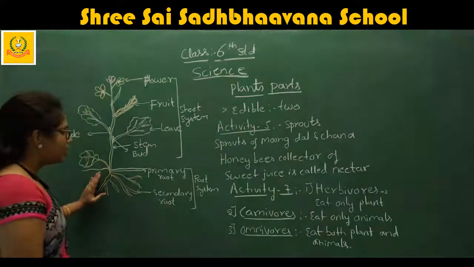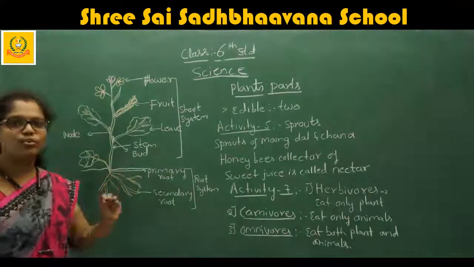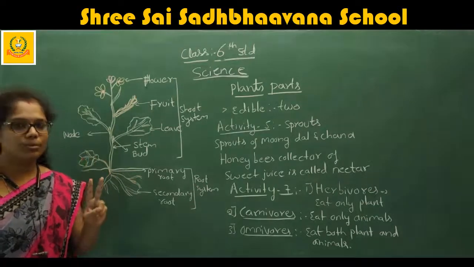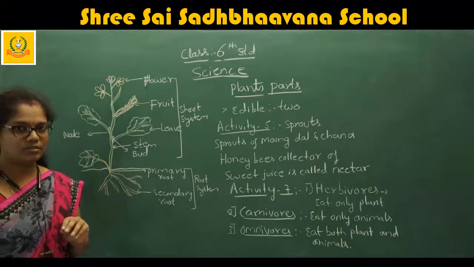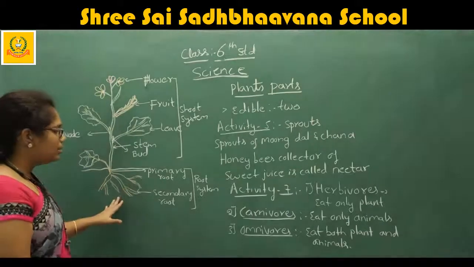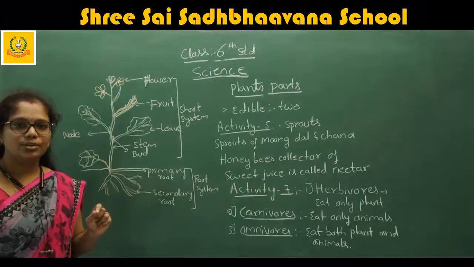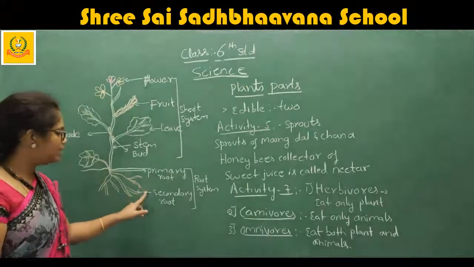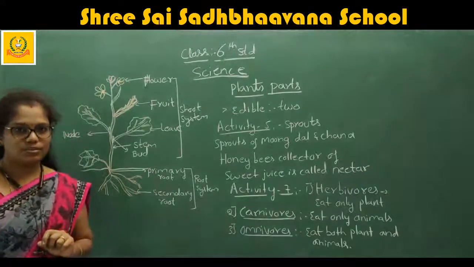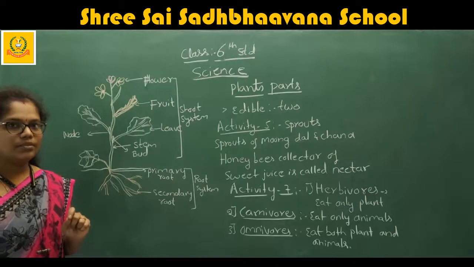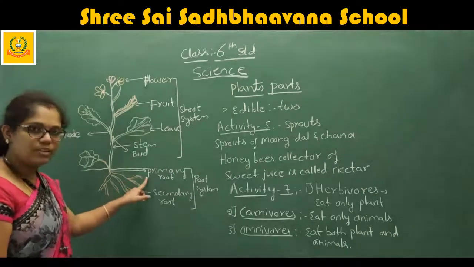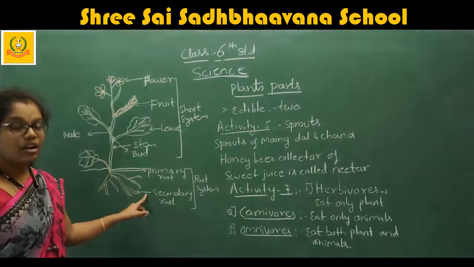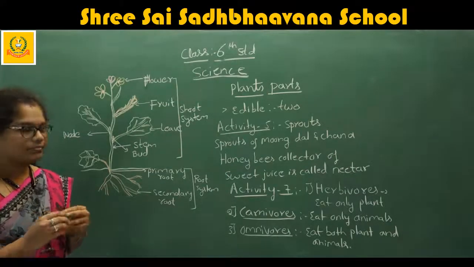If you see the root section, that means the root system, you have two important parts. What are the two important parts of the root? One is the primary roots and the second is the secondary roots. First we will discuss the primary roots, then the secondary roots.